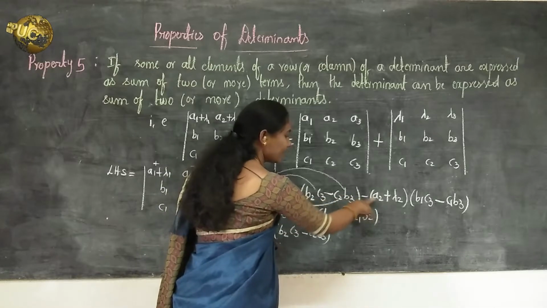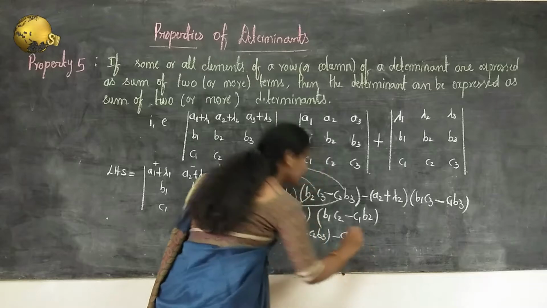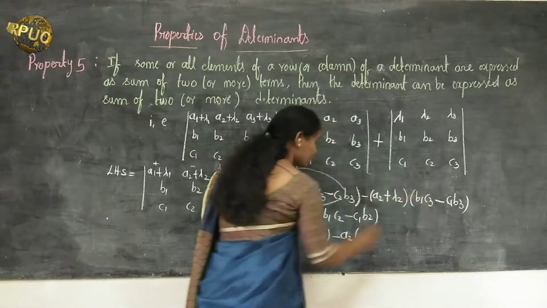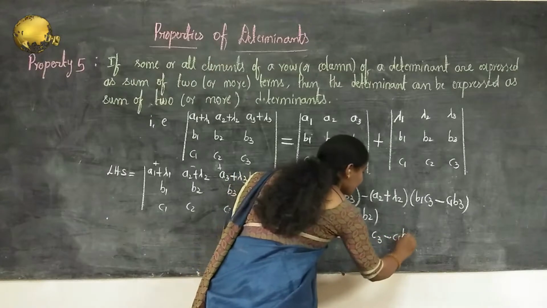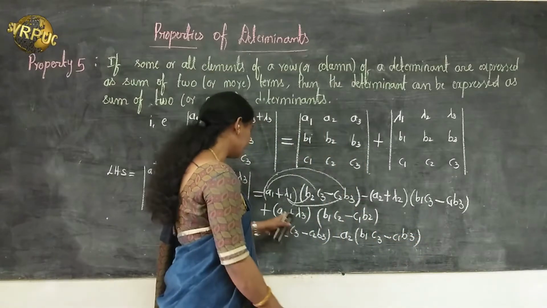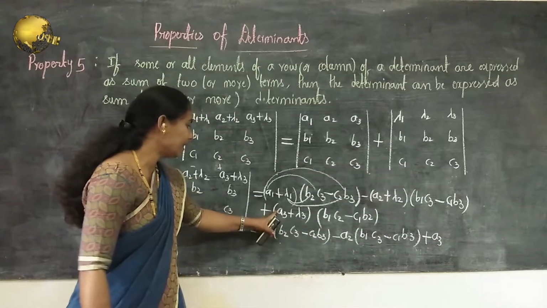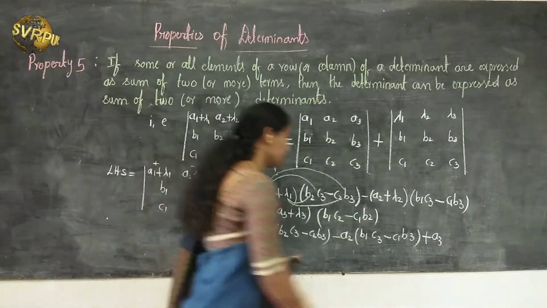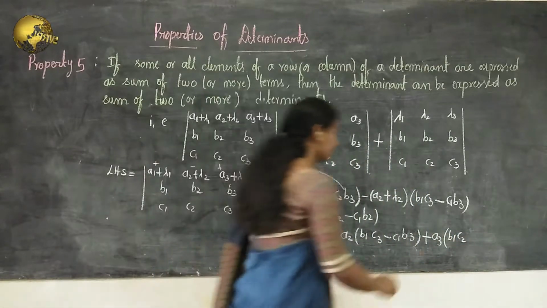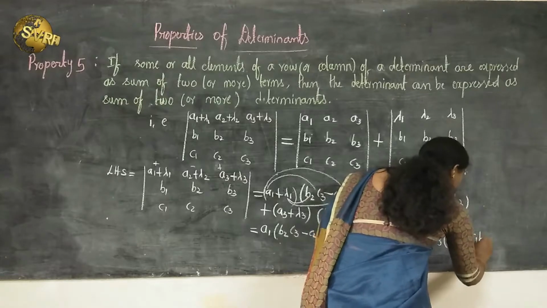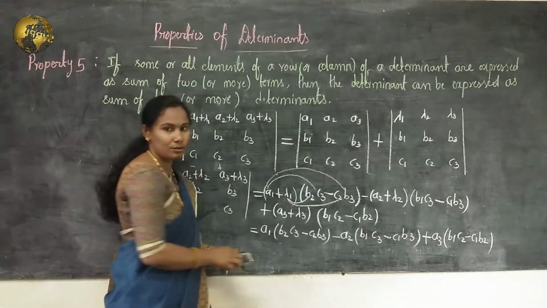Next, minus A2 into the second bracket element, that is B1 C3 minus C1 B3. And then plus A3 into all this, that is B1 C2 minus C1 B2.